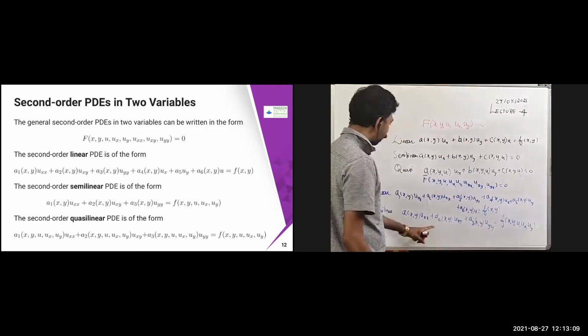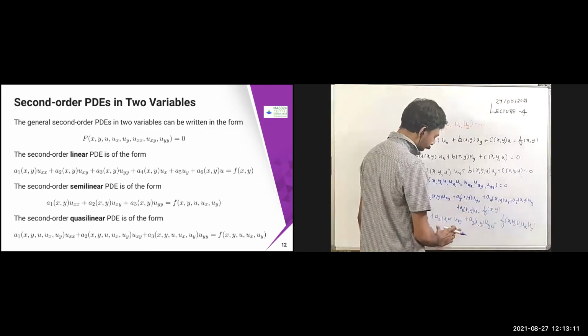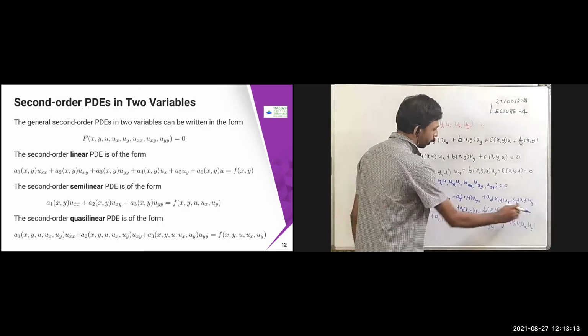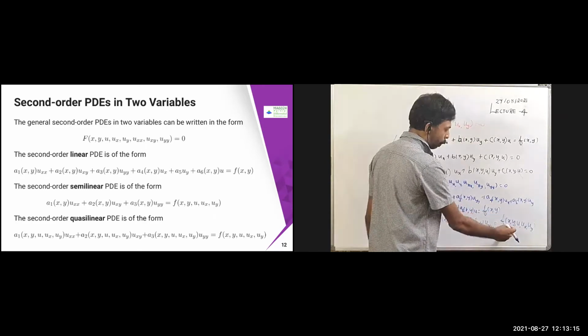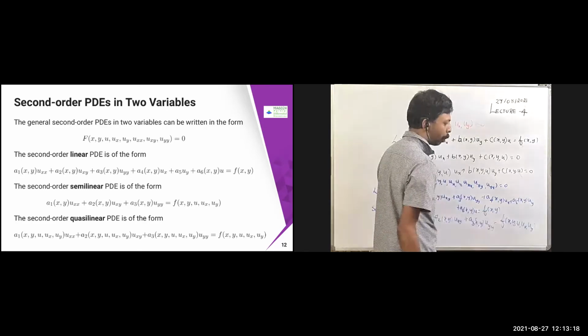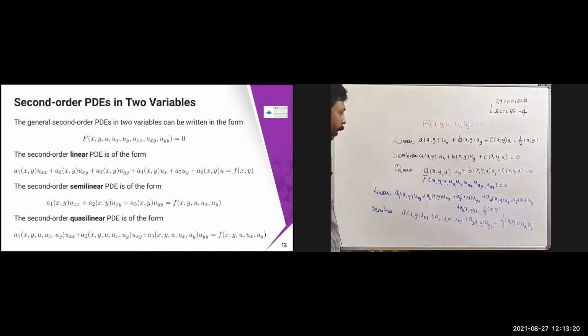Means all the other derivatives, except this highest order derivative, the remaining things can be non-linear. That's what I mean here. Non-linear combinations of x, y, u, ux, uy can be there. That is the reason it's called semilinear.